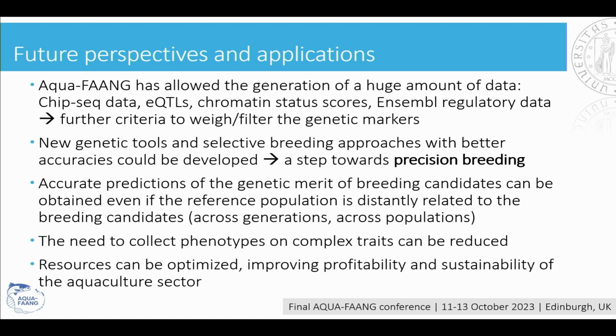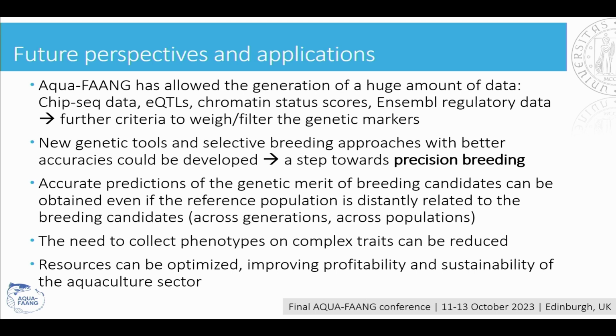So it's something that could be very, very useful for farmers. Accurate prediction of the genetic merit of breeding candidates can be obtained even if the reference population is distantly related to the breeding candidates, so across generations or across populations. This is what we aim for. So we will see if using other data we could do that.